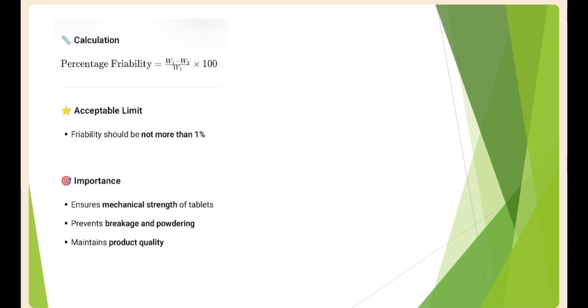This is the formula for calculation of percentage friability. Acceptable limit: friability should not be more than 1%.